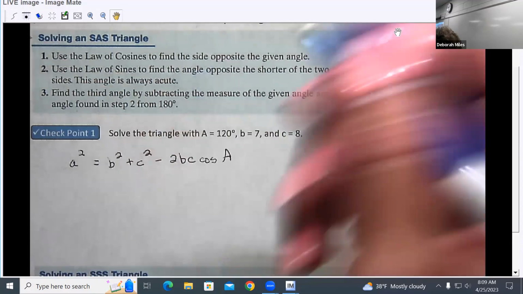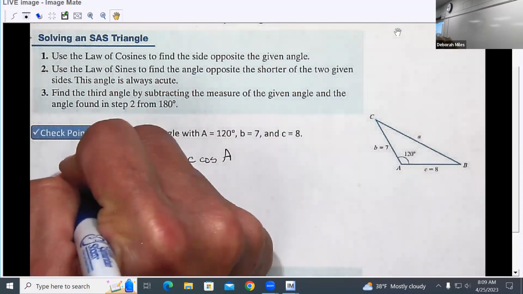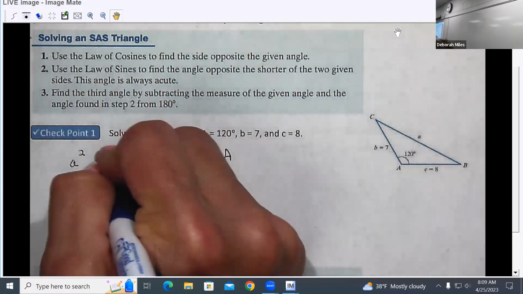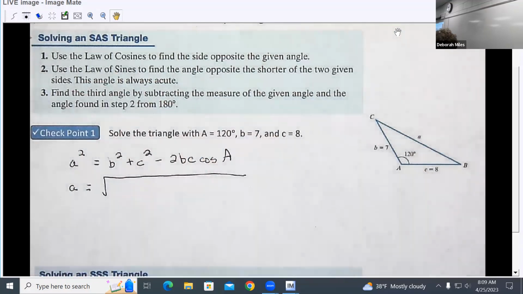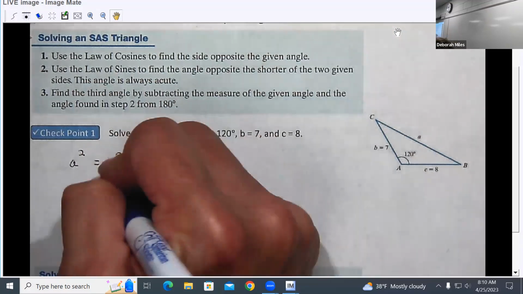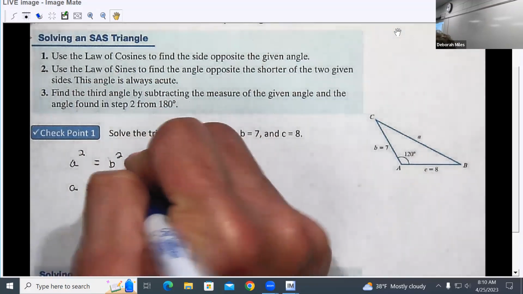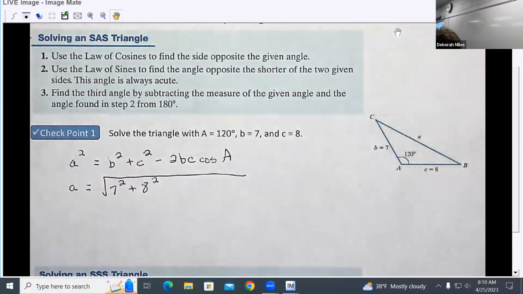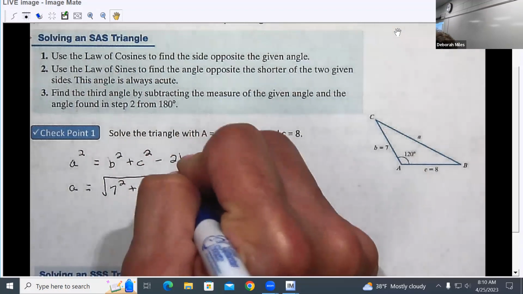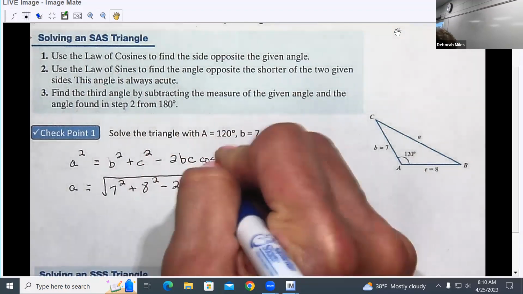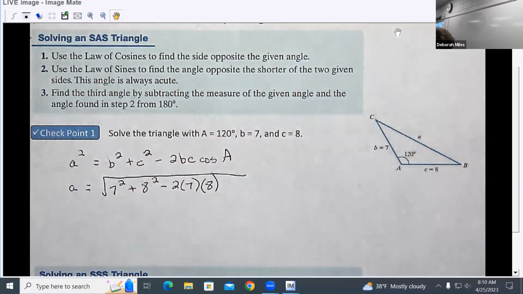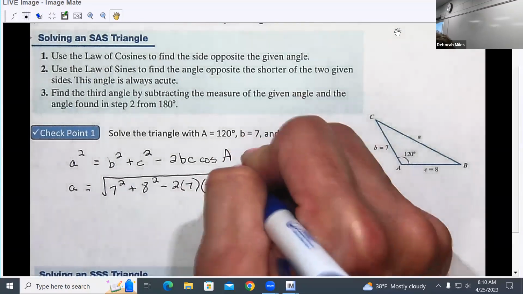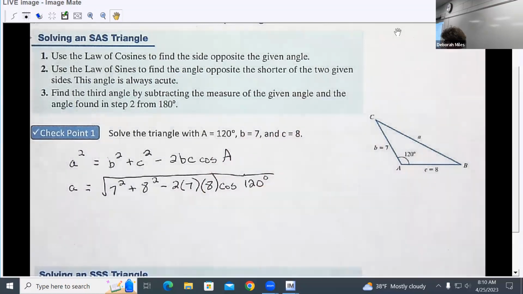So I'm going to go ahead and take the square root of both sides so I don't have to rewrite this long expression again. a is the square root of b squared plus c squared minus 2 times b times c times the cosine of the angle between them.